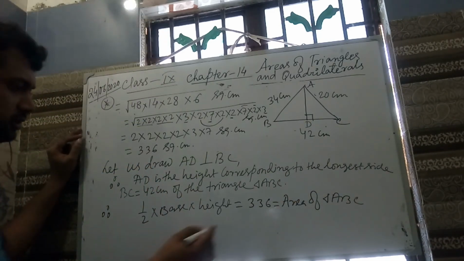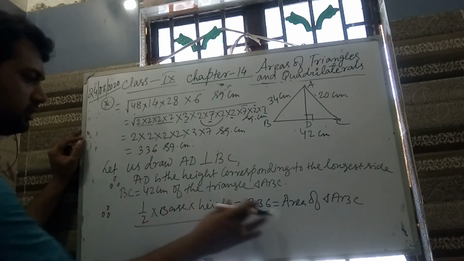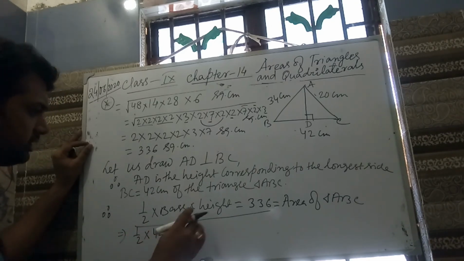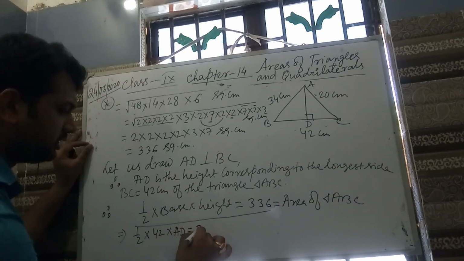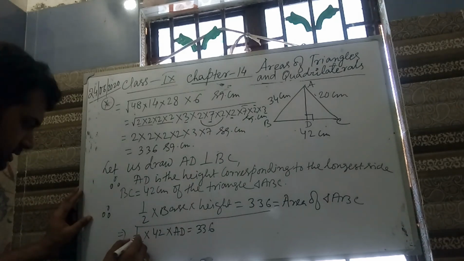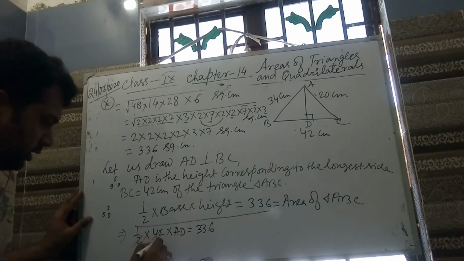From the first equation, taking this one and this one, that implies half base is 42, height is AD, equal to 336. Cancel out, 2 and 42 gives you 21.